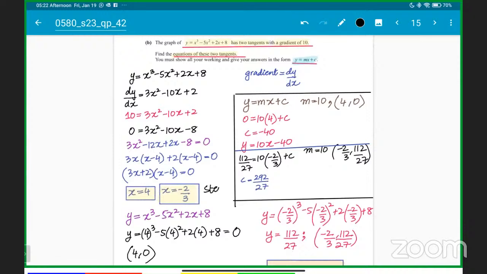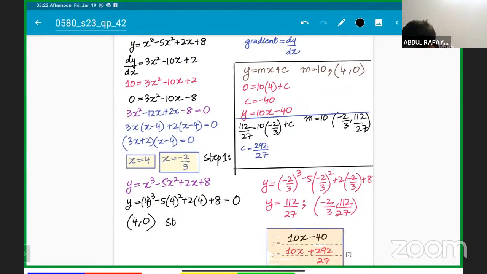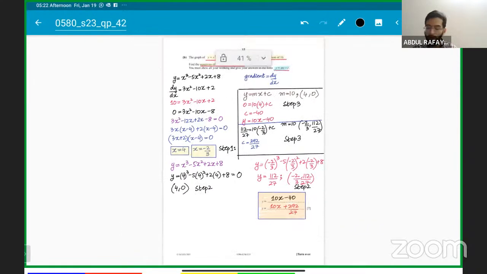Step number 1 is nothing except simply following the steps. Step 1, step 2, and once you have it, step 3, the same for both of them. And the last step is the answer writing, so you have to write the answer there. Make sure once you get the x values, you find the y values.